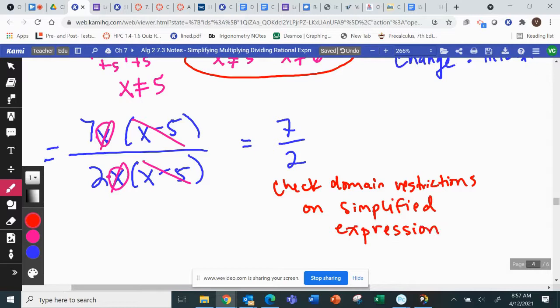We're going to check the domain restriction on the simplified expression. When I look here, 7 over 2, there is no variable in the denominator, so there is no domain restriction.